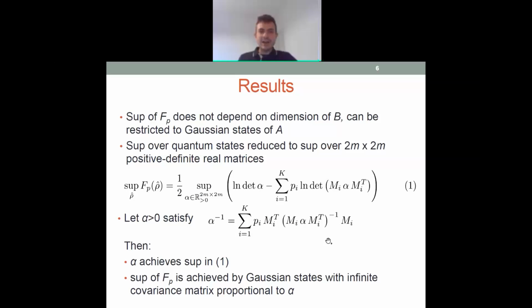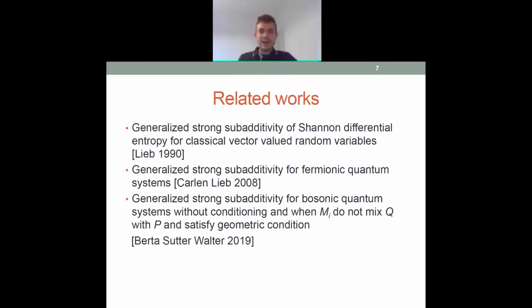Okay, so we have more or less characterized how to compute in finite time the supremum of the function I showed you above. First, let me tell you that this result is built on a series of previous results both in the classical and in the quantum setting.